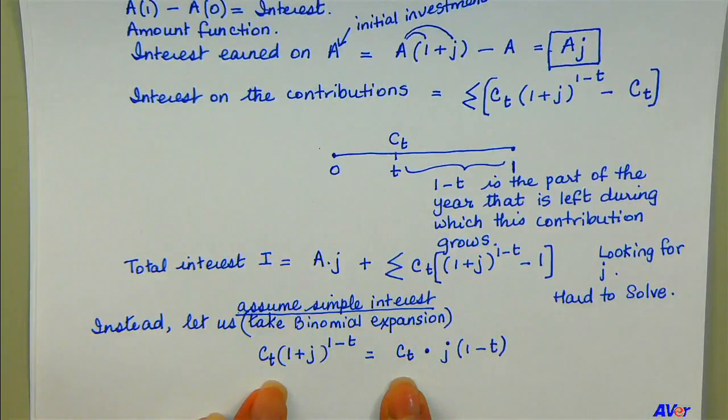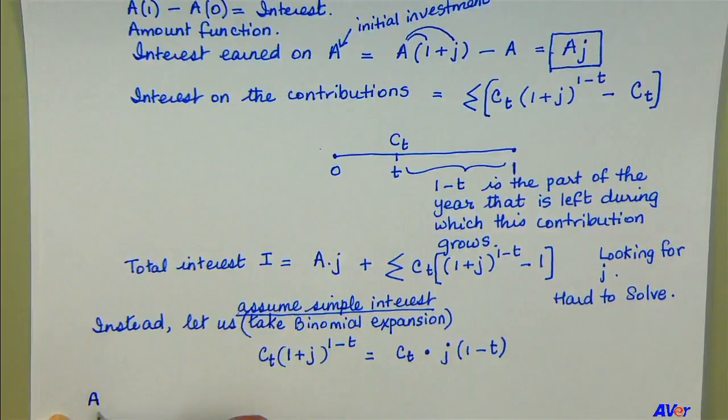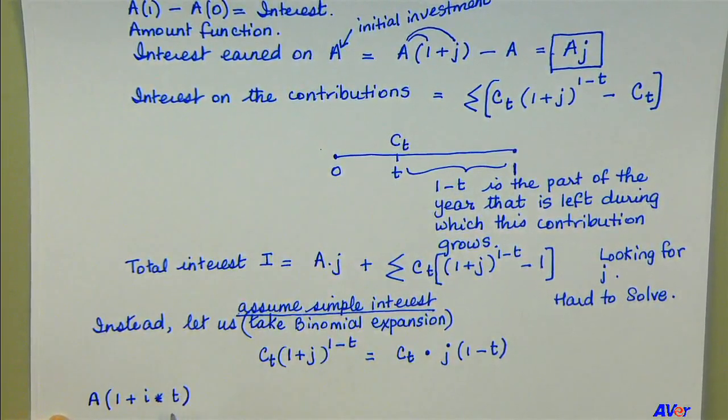So let me back up here. You know how we say that in simple interest, if you start with $1, at the end I will have 1 plus I times T, the amount of time that the thing was invested. That's what I'm doing here.